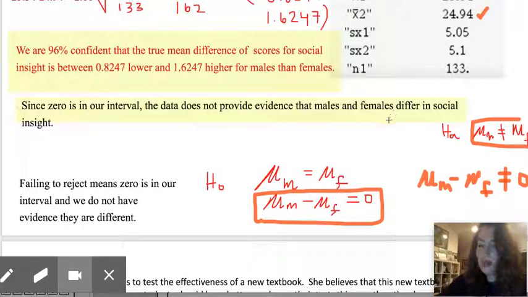And that's pretty much how you would answer the question. If we were to do a hypothesis test, we would fail to reject, because we would not have sufficient evidence that they are different. In other words, we would go with the null hypothesis and we would stick with that.